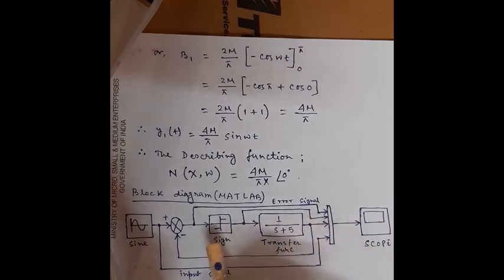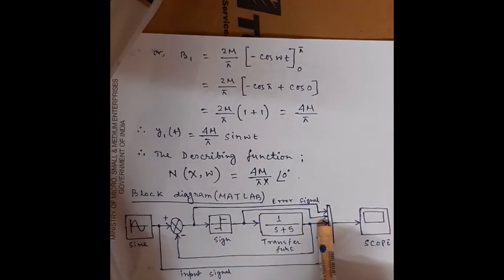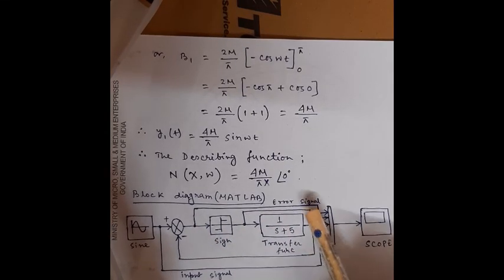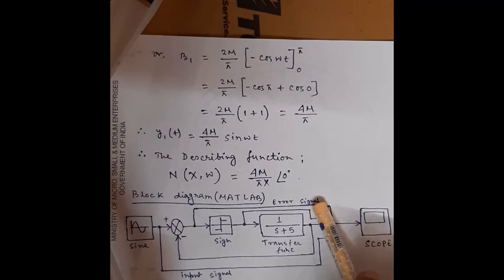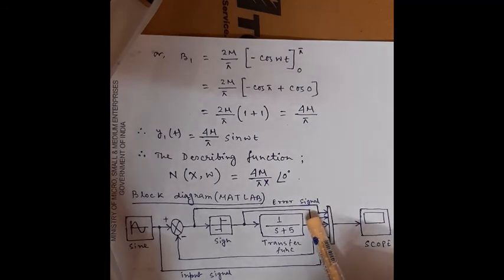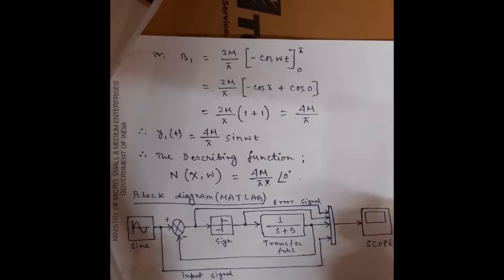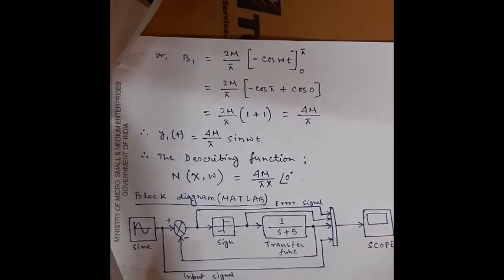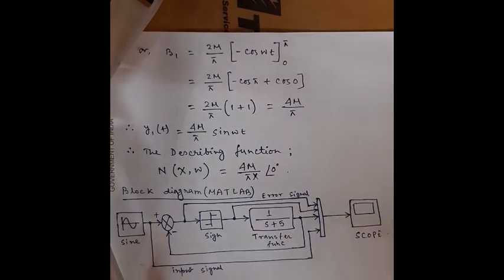The 4 input channels are: one is the output channel, this is the input channel, this is the error signal or error channel, and this is only the nonlinear block. When we give these 4 channels to the multiplexer, we get a single output which we can see in the scope.